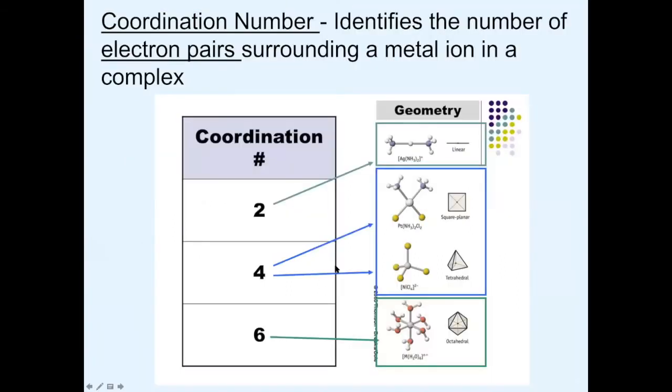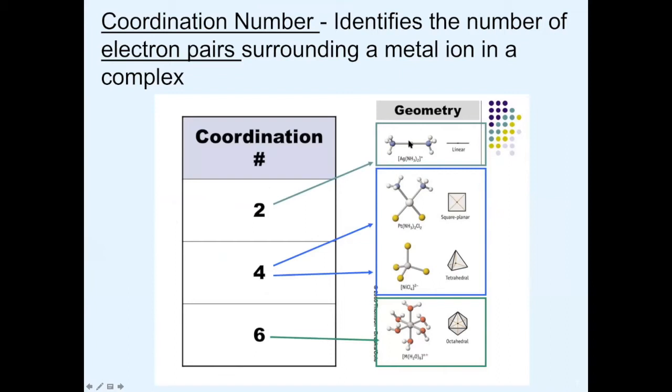Okay? All right, so something we learned back in Chem 1, there's quite a bit of Chem 1 review in this lesson today, is we learned this thing called VSEPR theory, and it determined the geometry of the compound, whether it was linear or tetrahedral or octahedral or square planar. So all of those were determined by the electron pairs around the central atom.